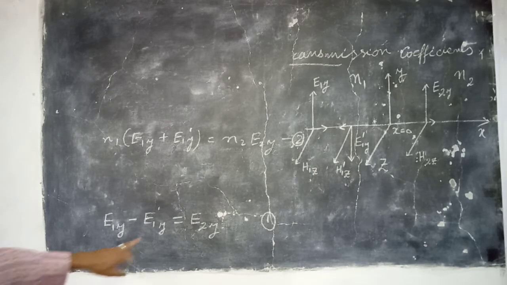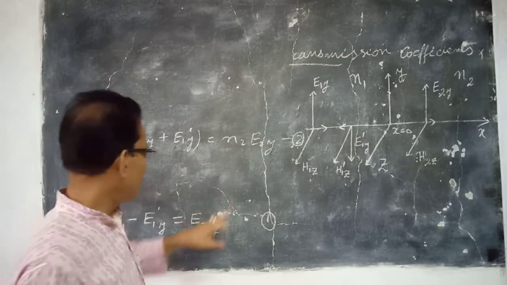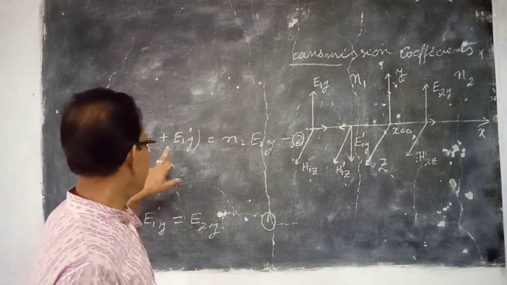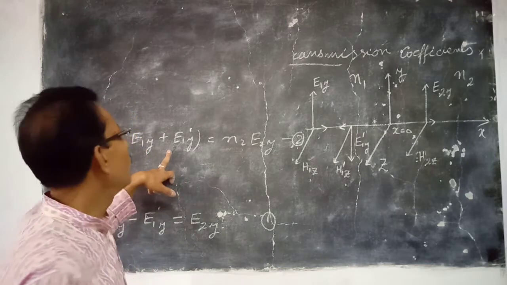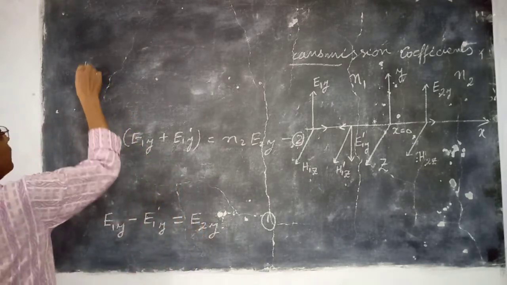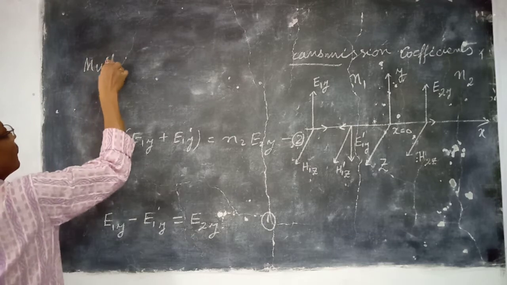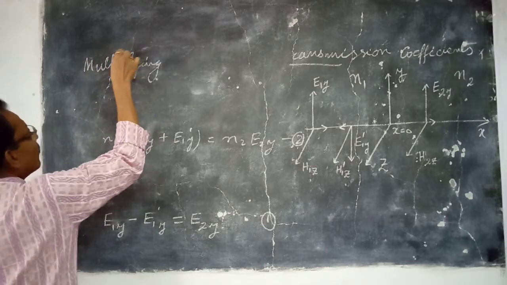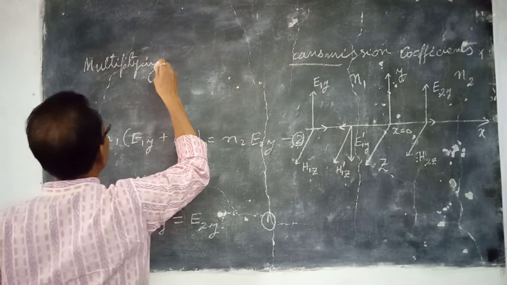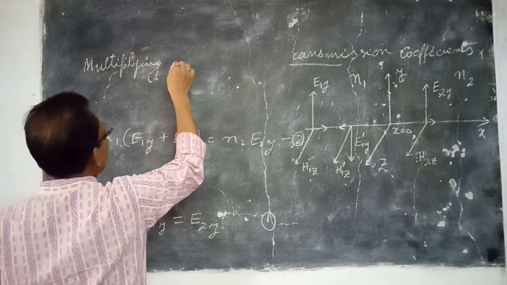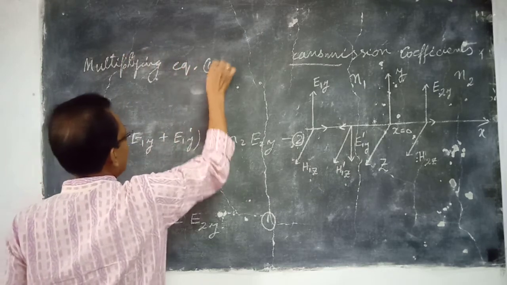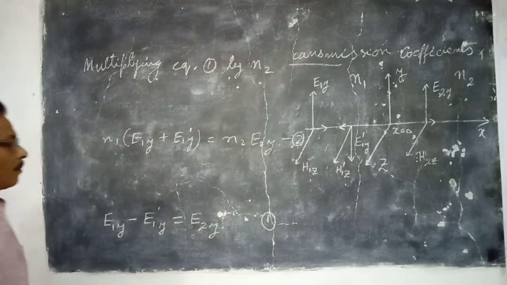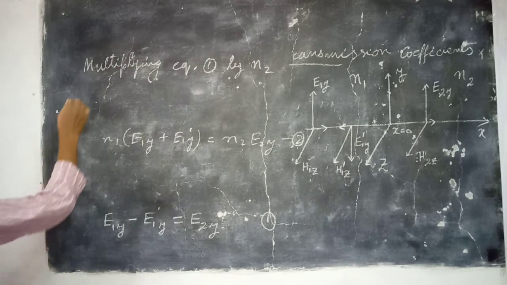Now, multiply equation 1 by n2 and subtract it from equation number 2.